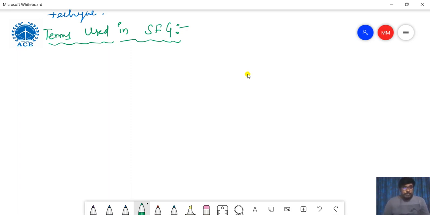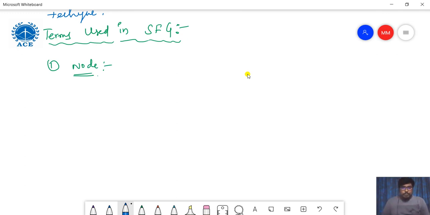So the first one is node. A node is a point representing a variable or a signal, simply, like this.